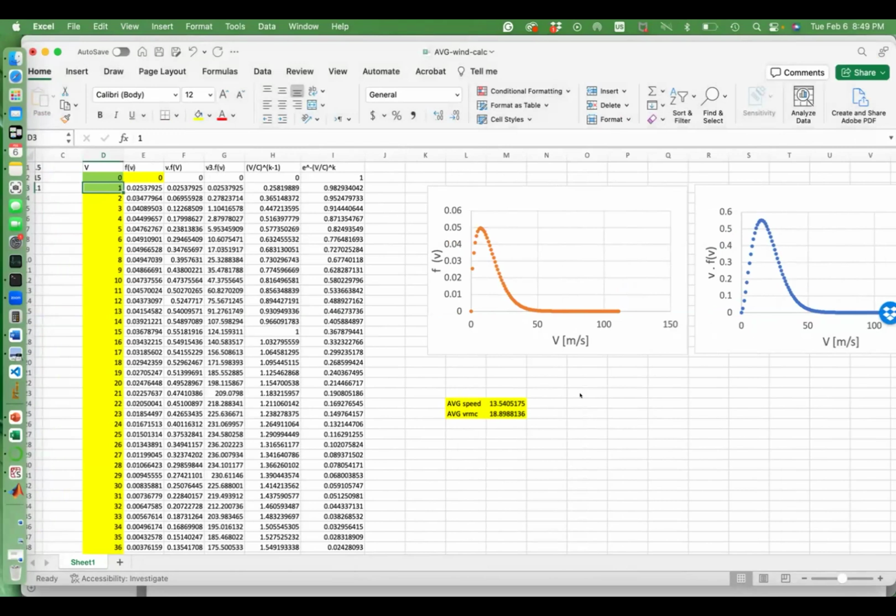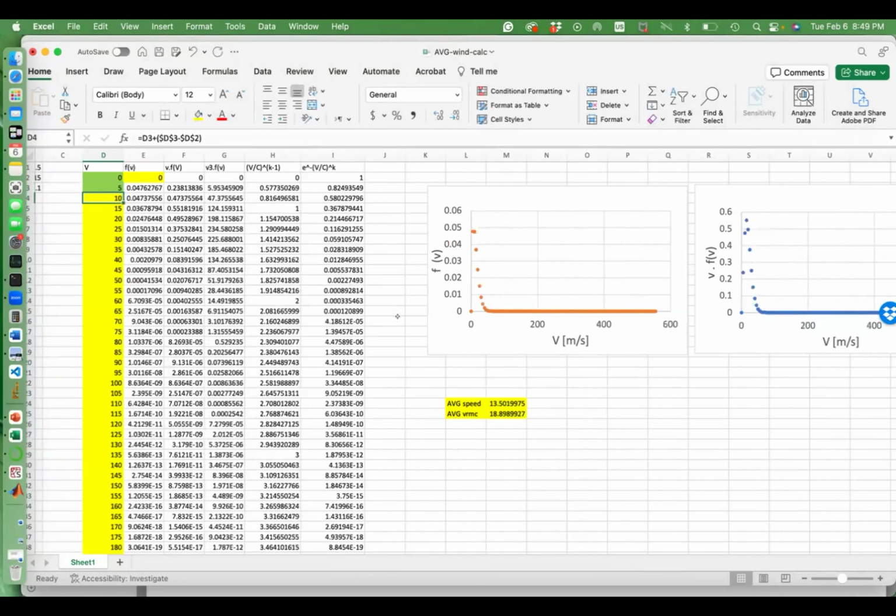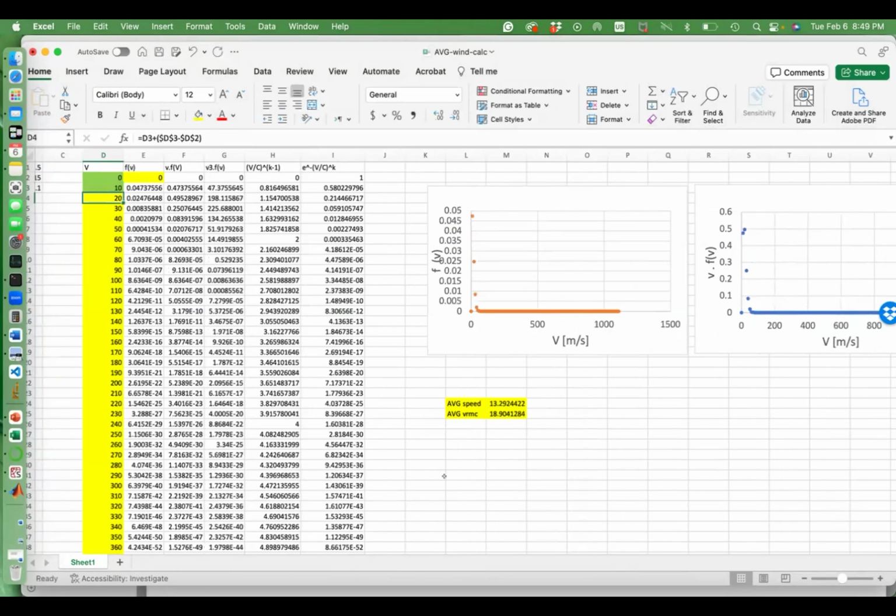You could say, well, because we did it every 1, that's a small delta V. But if I make it every 5, I still get 13.5. And if I do it every 10, I get 13.3. So if in the exam I tell you use delta V every 10, and ask what is the probability after 50, you don't see it anymore, so you just do 0, 10, 20, 30, and 40.